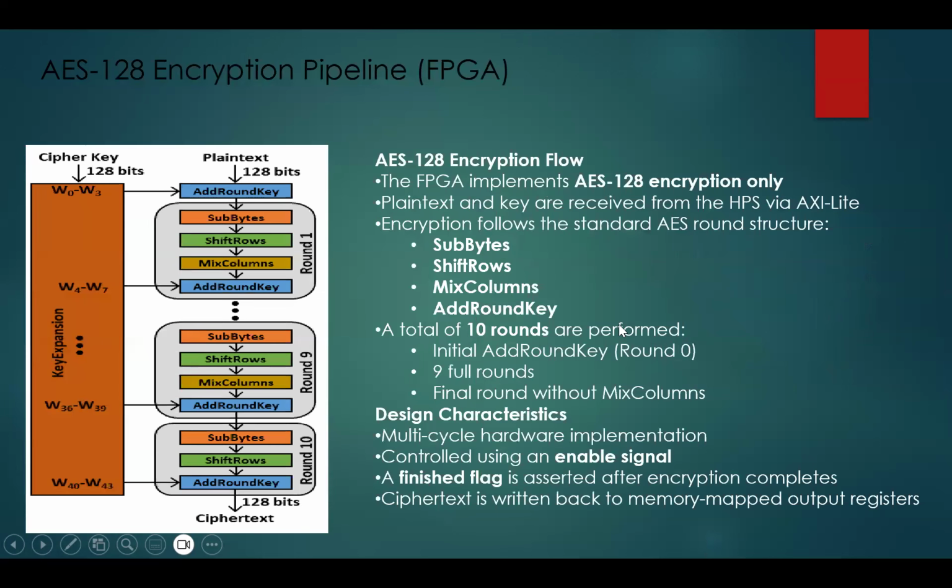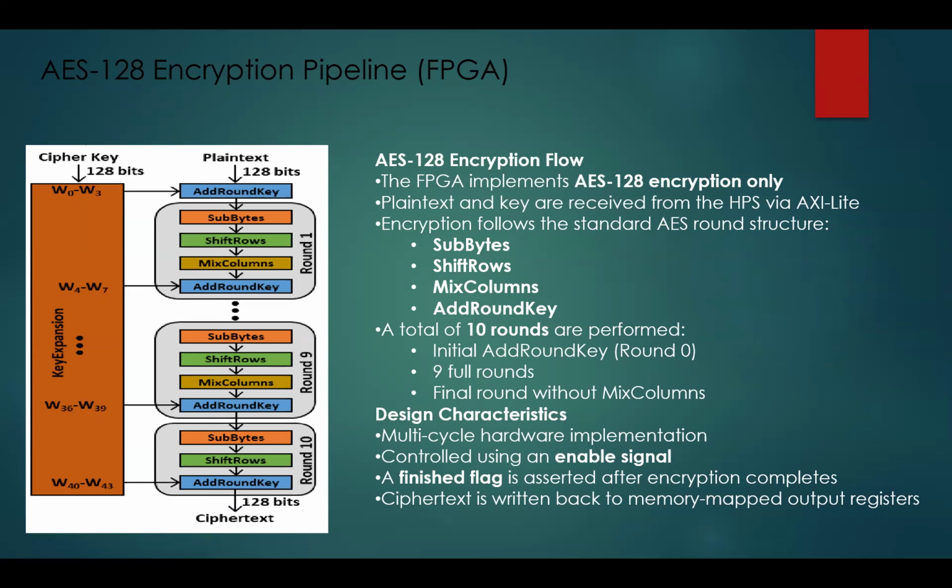The encryption pipeline is as stated. The FPGA implements AES-128 encryption only. The encryption follows the standard AES round structure, which has SubBytes, ShiftRows, MixColumns, and AddRoundKey. A total of 10 rounds are performed: initial AddRoundKey, 9 full rounds, and a final round without MixColumns.